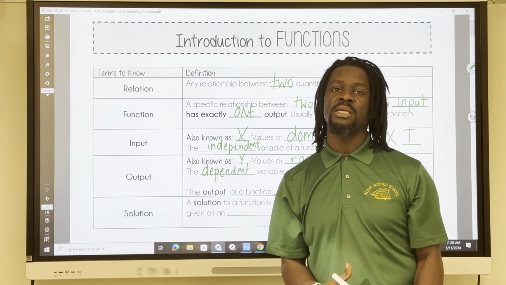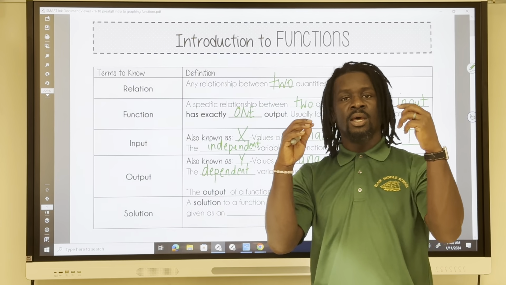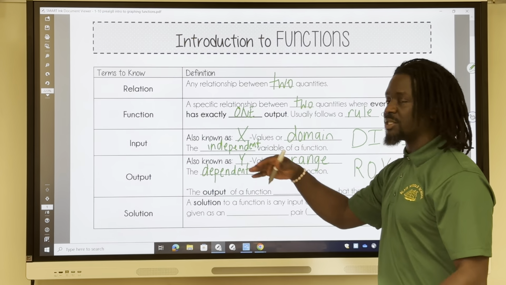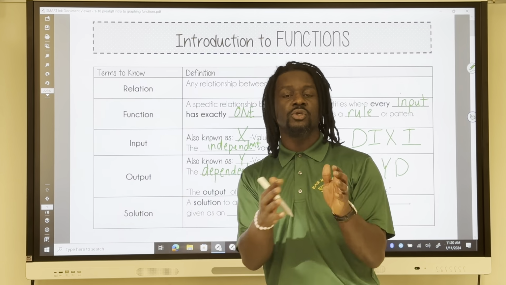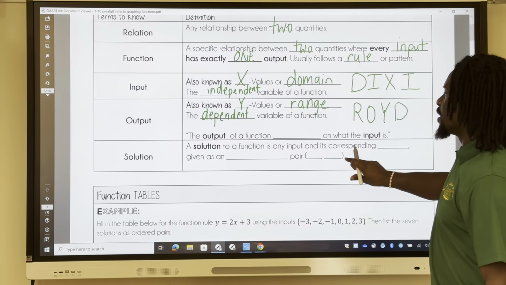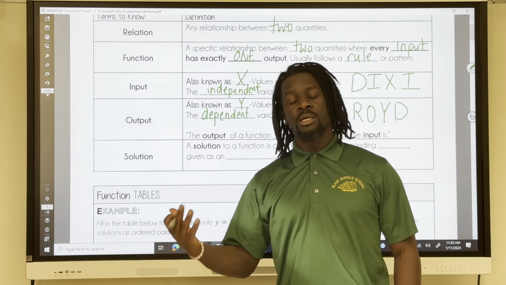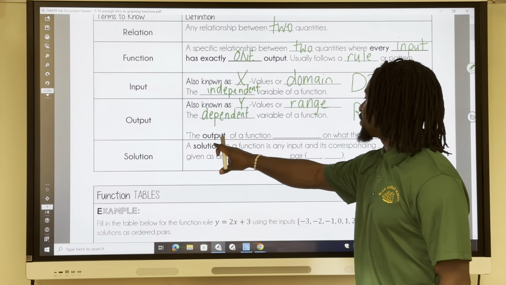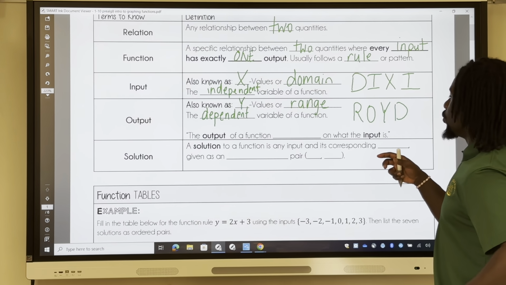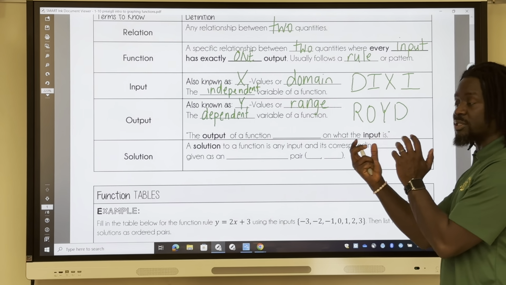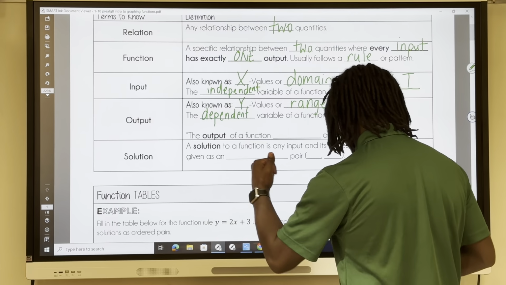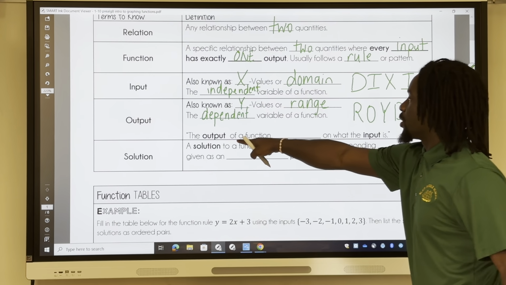It is super important that you understand that these are just different ways to refer to the very same thing. So let's move on. The last term that I'm going to share today is solution. Actually, hold on, I did skip a part of the output.